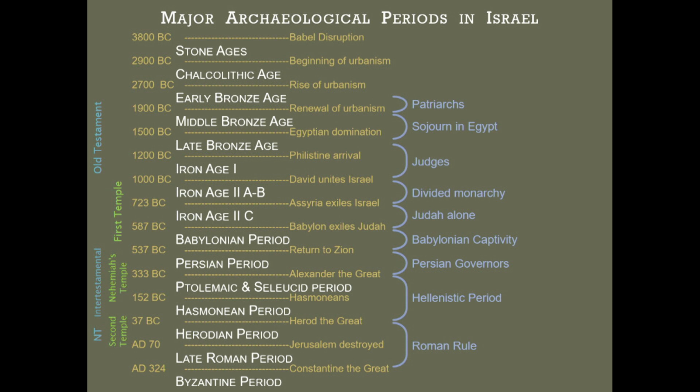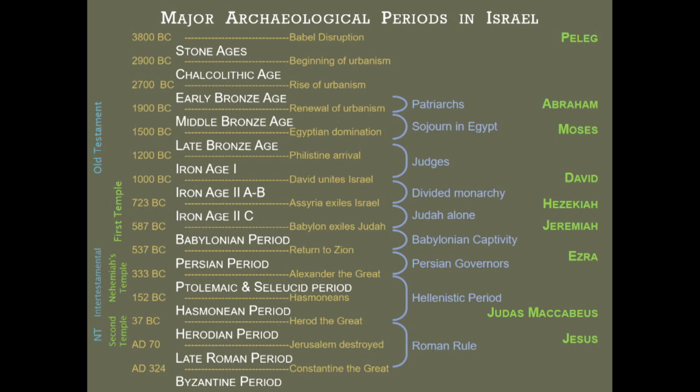That's following 723 when the 10 northern tribes were wiped out. So Iron Age 2C, that's the period between 723 and 587 when Judah was destroyed. Babylonian captivity, Persian governors of the land of Judah, Yehud, Hellenistic period, the Hasmoneans, Judas Maccabee, and so forth, and then the Roman period.